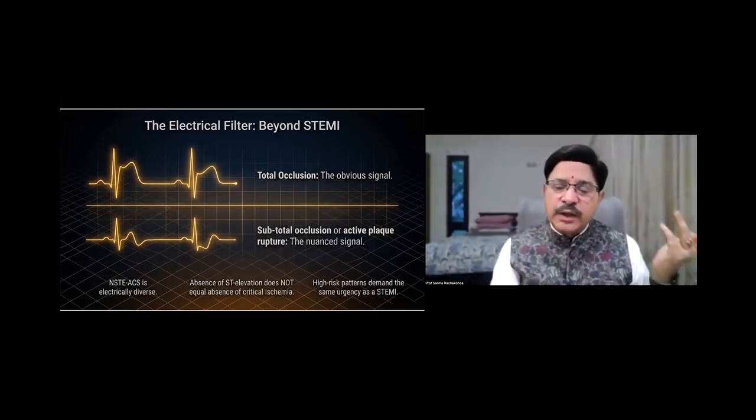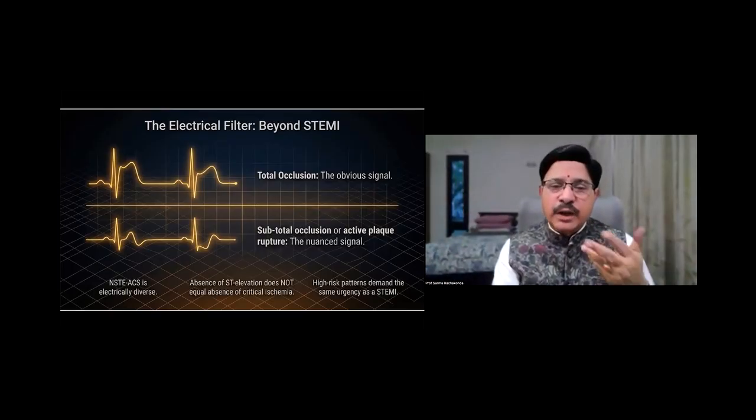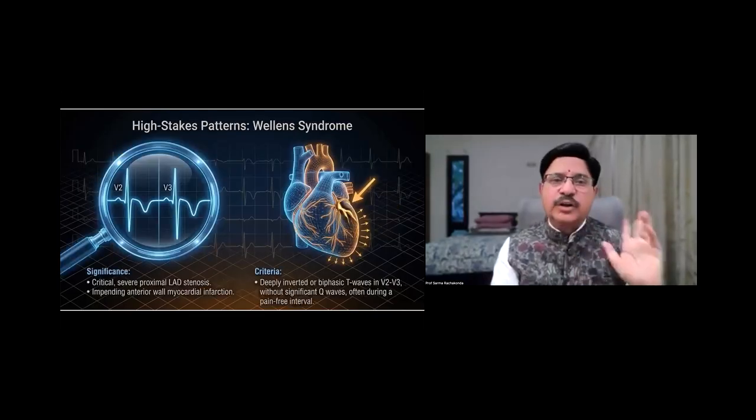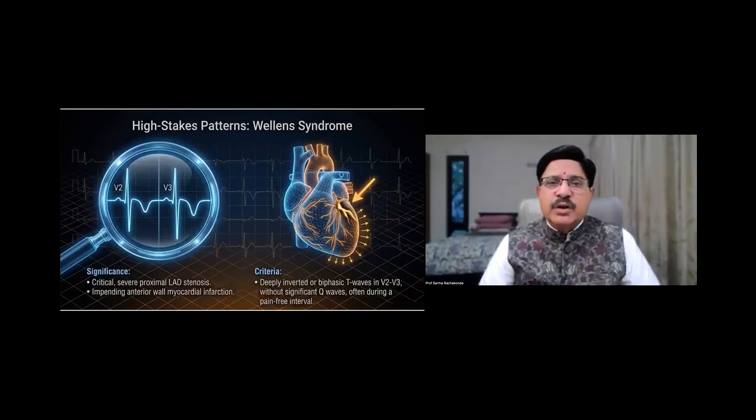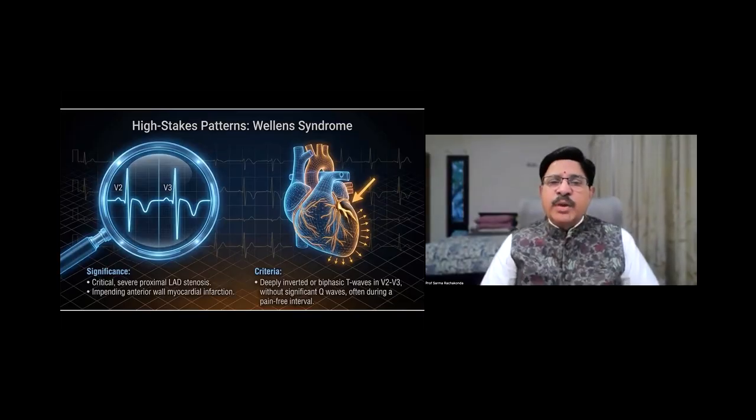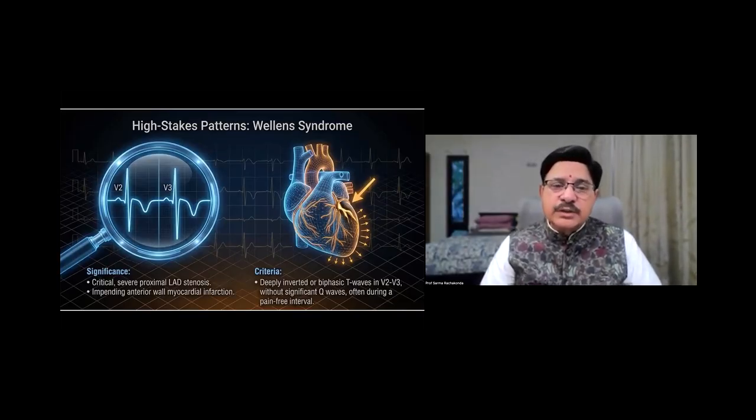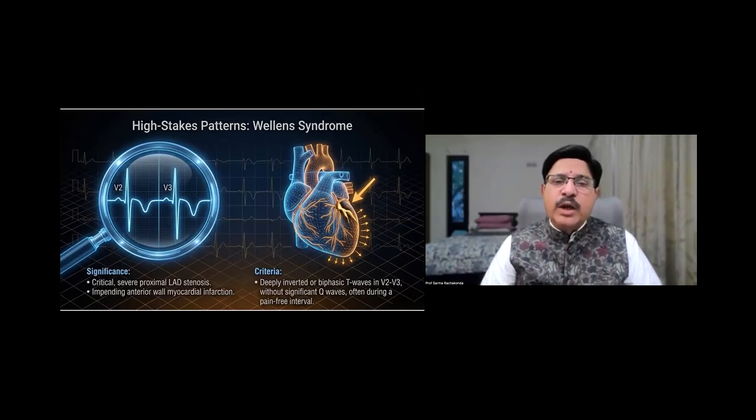What are those high-risk patterns? Using the electrical filter further, this is called Wellens syndrome. Wellens syndrome is a high-risk filter. What is that? There is a significant, deep, symmetric T-wave inversion in V2 and V3. Where do we observe?